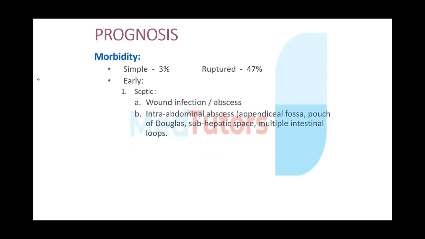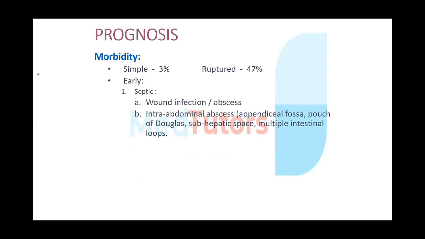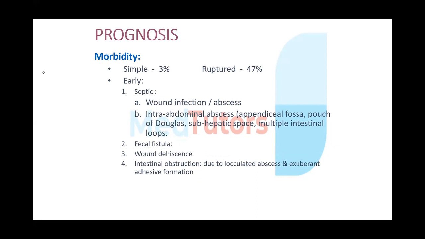Now, morbidity for simple appendicitis is seen in 3%, while for ruptured appendix, the complication rate is up to 47%. Now, the early complications include wound infection, which may progress to form abscess.